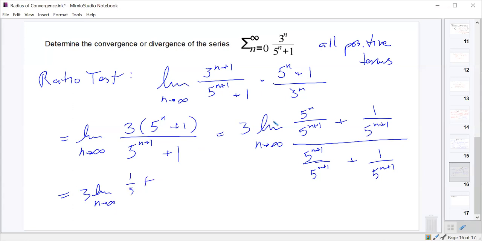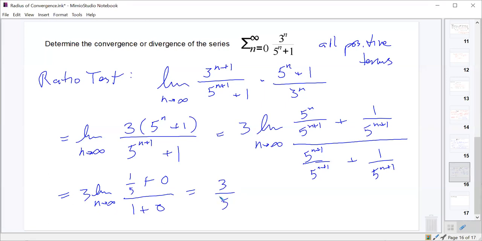Plus, well, what about this one? As n goes towards infinity, this becomes just a 0, right? And then this one would become 1 plus another 0. And so what do we end up with as our limit here? We end up with 3/5.